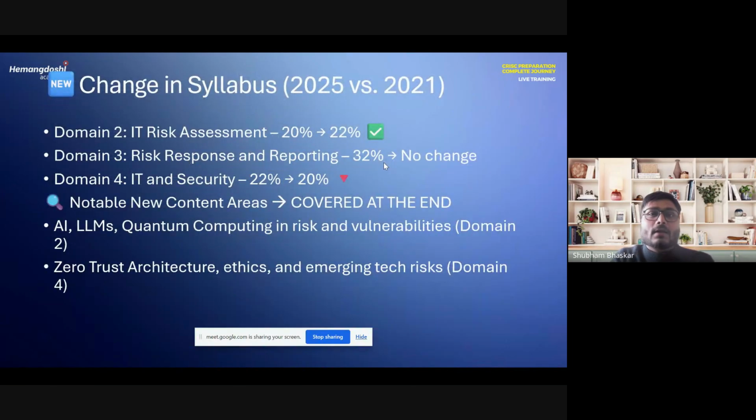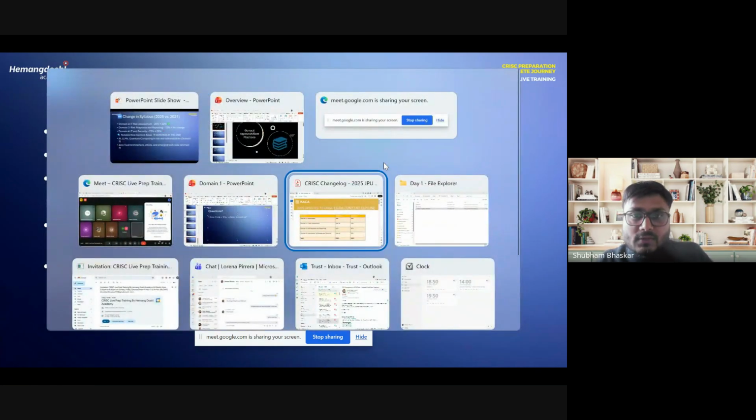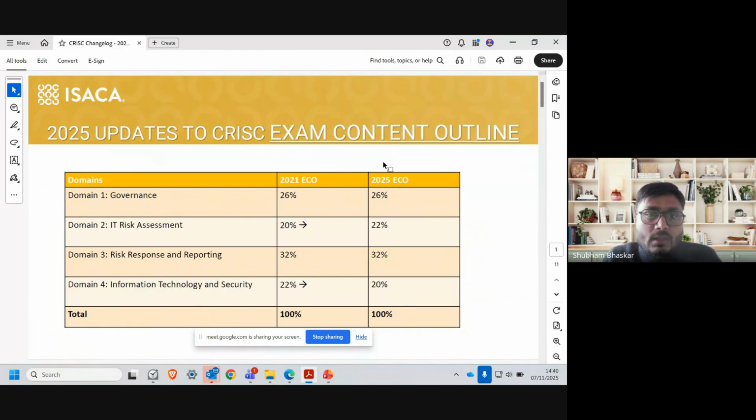Anyway, most importantly, I wanted to discuss the change in syllabus, right? As many of you would have this question, what is the change in syllabus? So I have something saved here. That's the change in syllabus. What is happening is that domain 1 remains the same. Domain 2 is increased by 2%.